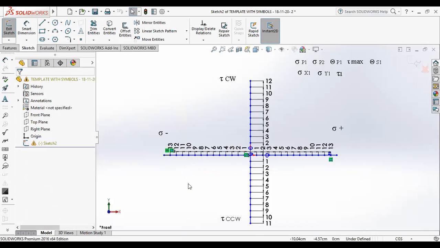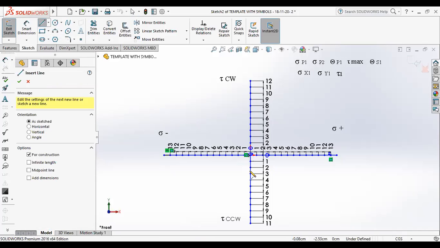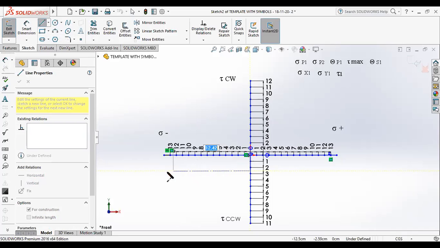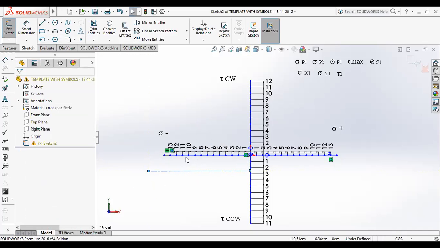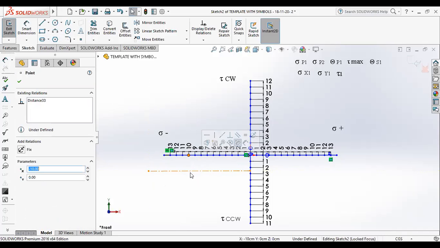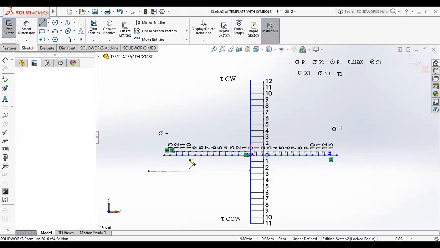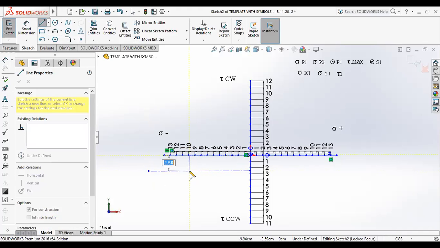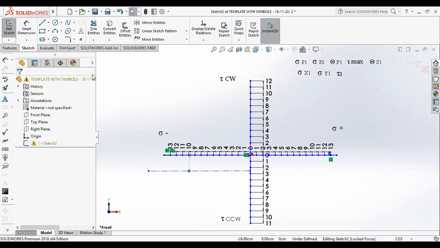Give me a moment. Draw a center line from this minus 100. This is my point x.